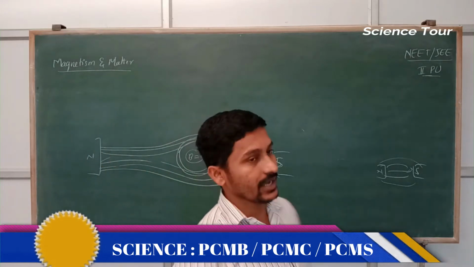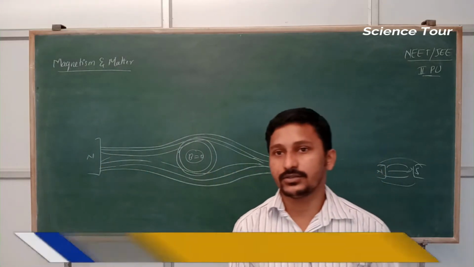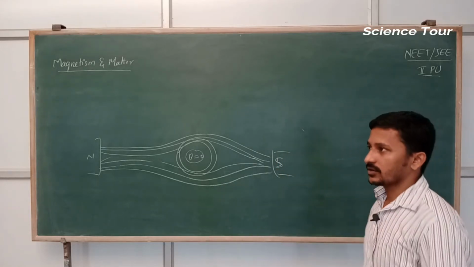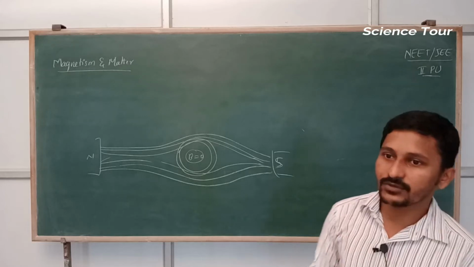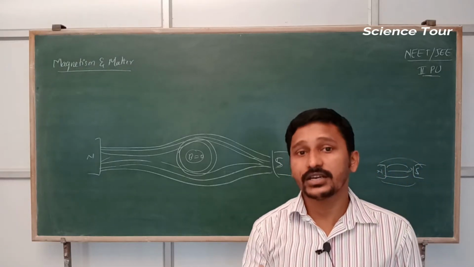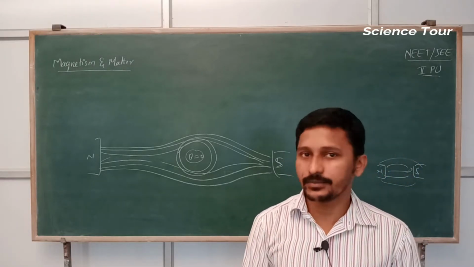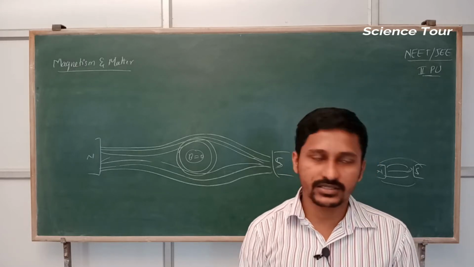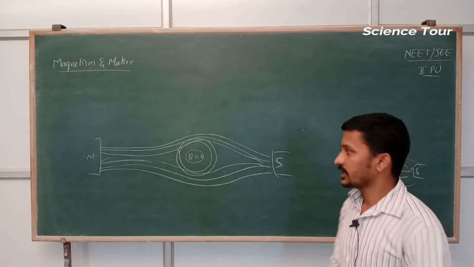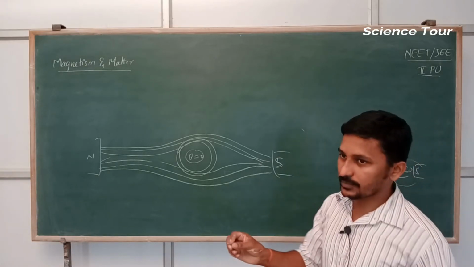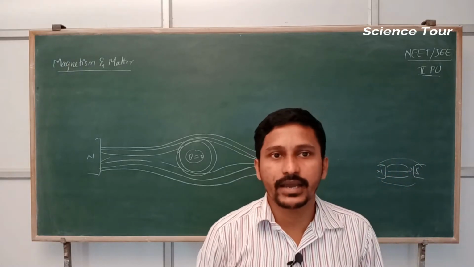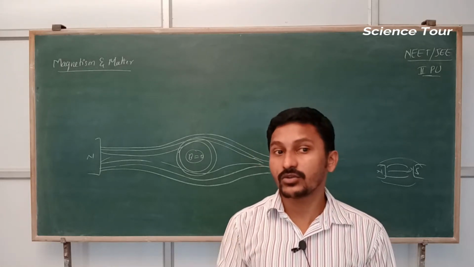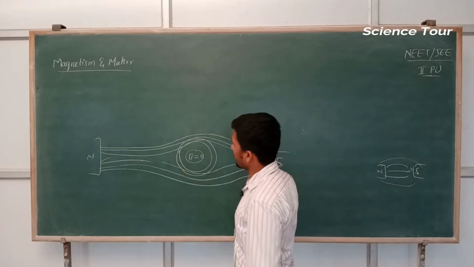Okay, the same thing happens for the superconductor. Superconductors are actually diamagnetic substances. If you bring that superconductor to a certain temperature, called the critical temperature, which is a very low temperature in degrees Celsius, and keep it in an external magnetic field, then at that temperature the magnetic field lines do not pass through it, they go away from it.